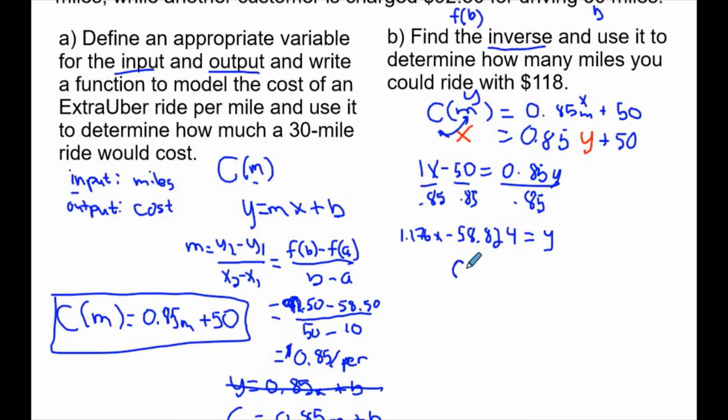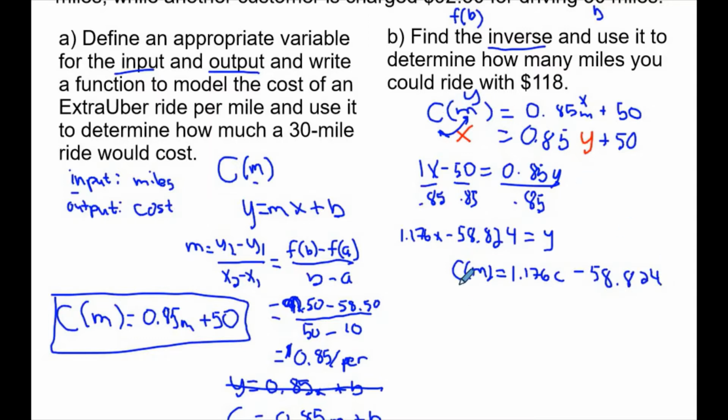So this will become c of m for the y here, and that's going to equal 1.176. Now, be very careful. This was an m, right? So now this would be a c, or the cost, minus 58.824. Okay, makes sense.